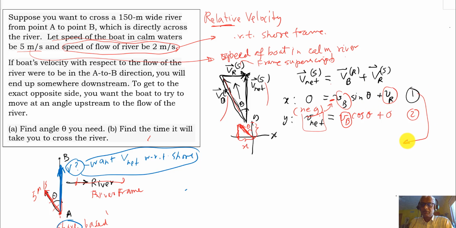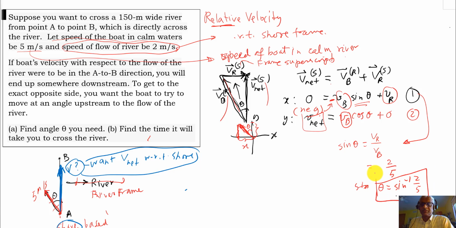So sine theta can be used to solve for theta. That's the strategy: find something I can isolate. So sine theta is equal to V river over V boat, and V river is 2 and V boat is 5. So sine theta is 2 over 5, then theta is arc sine of 2 over 5, and you can look it up in a calculator.